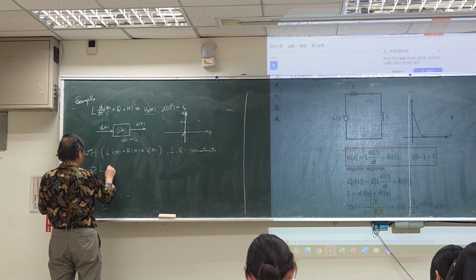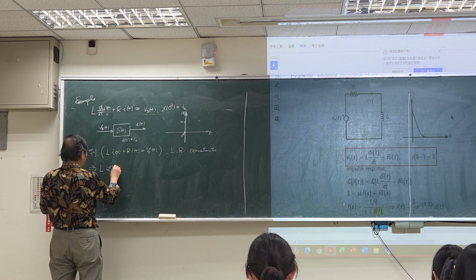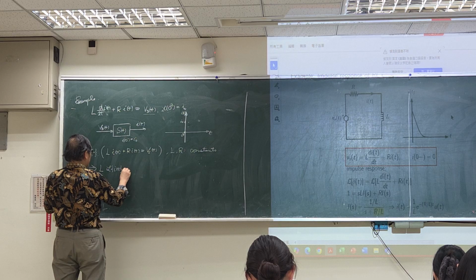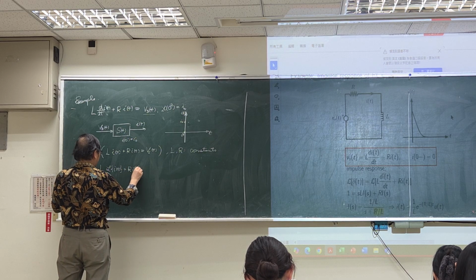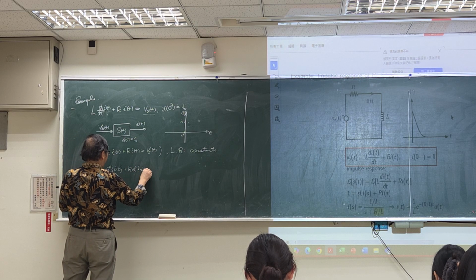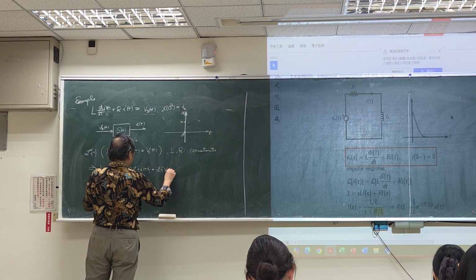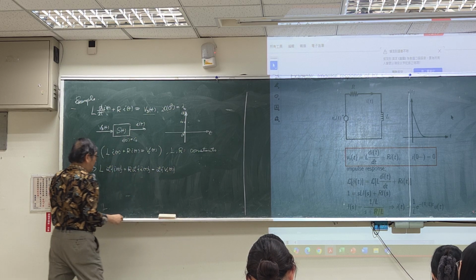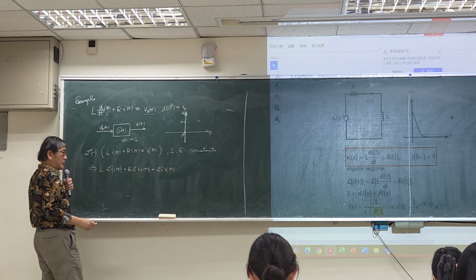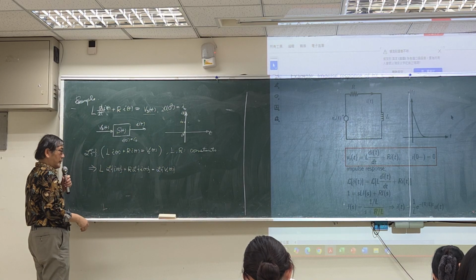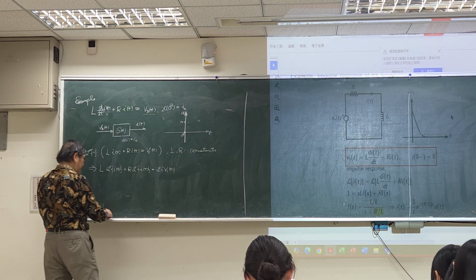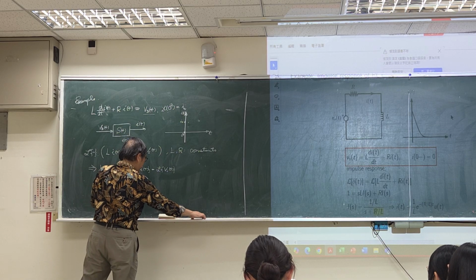So L times the Laplace transform of I plus R times the Laplace transform of I equals the Laplace transform of V. Now since L and R are constant, we can take them out of the Laplace transform. It's a property because the Laplace transform is a linear operator.